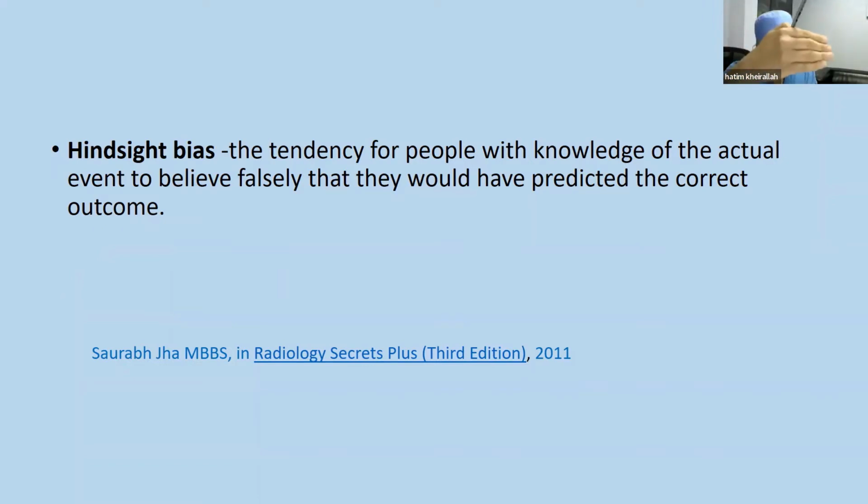But if you know the outcome, like if this patient was taken to surgery and they found that there is a mass in the aortic valve, which you failed to report, now when we go back to that echo, everybody might see this mass and wonder why or how come we missed it. This is hindsight bias, okay? Because going retrospectively is easy and everybody is intelligent in retrospect. Hindsight is 20/20.